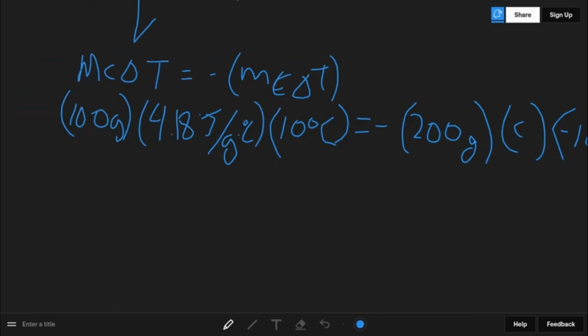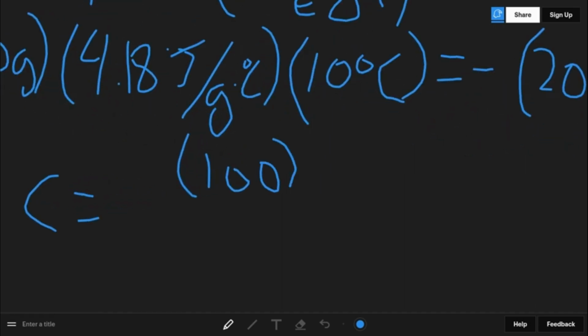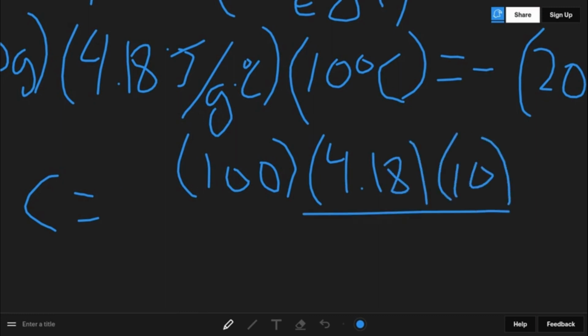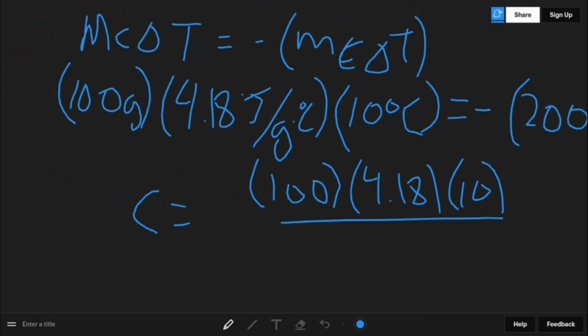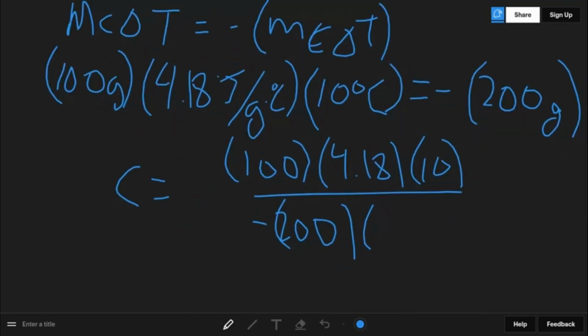Then we can just plug into our calculator, use algebra, but basically C is equivalent to 100 times 4.18 times 10, divided by negative 200 times negative 10.